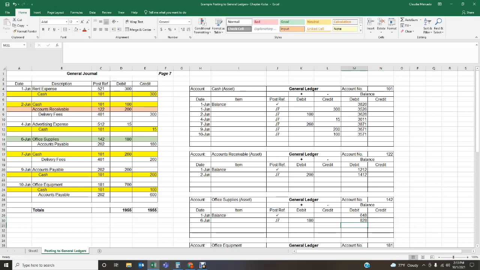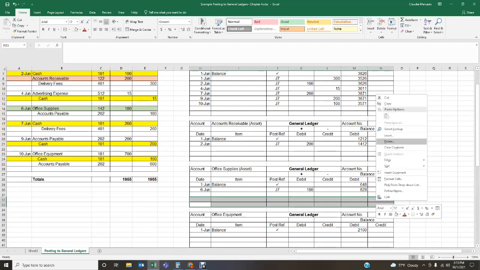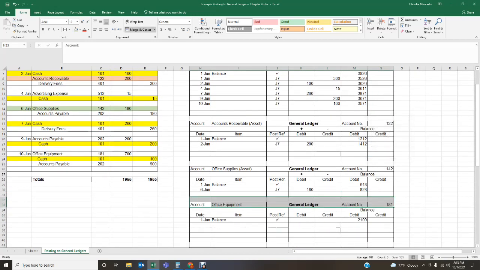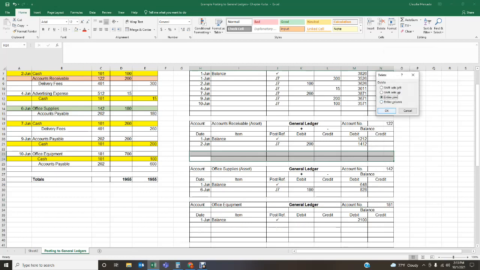I'm getting my beginning balance, which is $648, and I'm adding, because this is an asset, a debit increases my account. So I'm going to add $180, and that's going to give me my ending balance of $828. So that's 142, and that's the only transaction that we have. Okay, let me just shift these up a little bit. That way we get to see.